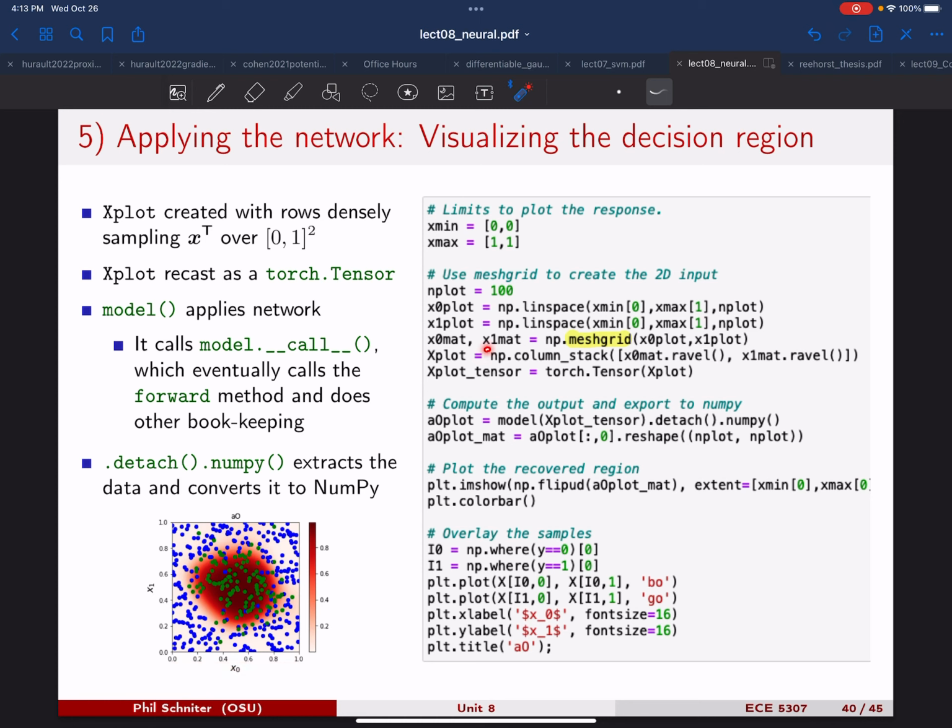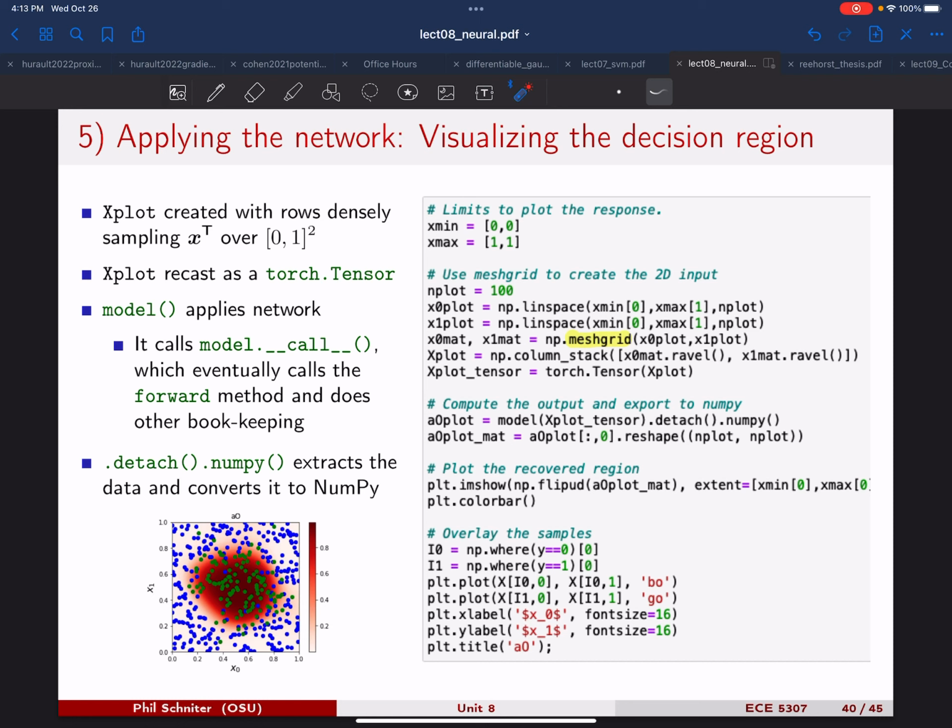And then we have a similar matrix for x1, where it's a grid of 100 by 100 points, where as you go in the x0 direction, it's constant, but as you go in the x1 direction, the values are taken from our one-dimensional x1 grid.